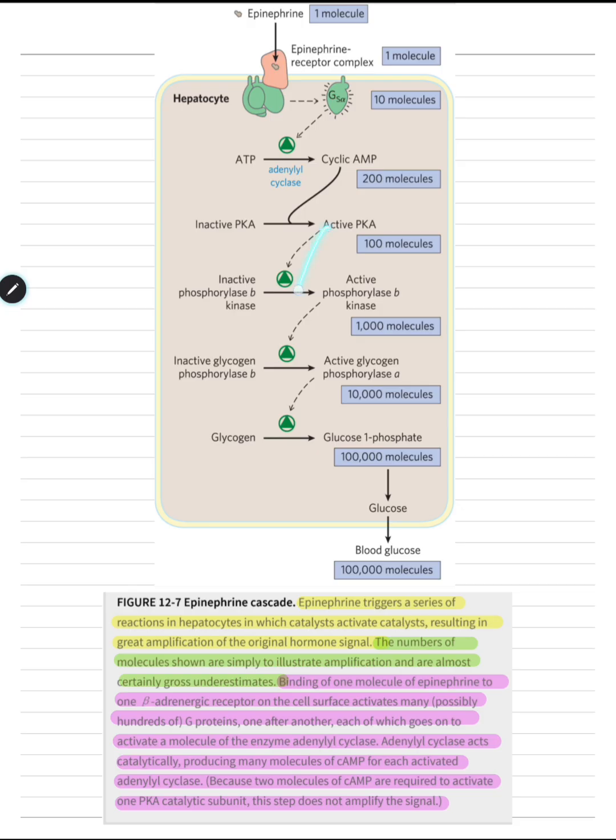So phosphorylation of glycogen phosphorylase activates it, and that leads to glycogenolysis and formation of glucose. So just one epinephrine molecule led to approximately 1 lakh glucose molecules being released into the bloodstream. That is the amplification achieved by second messenger systems.